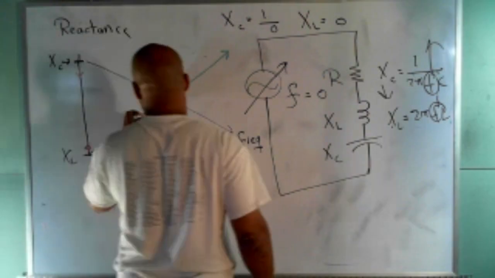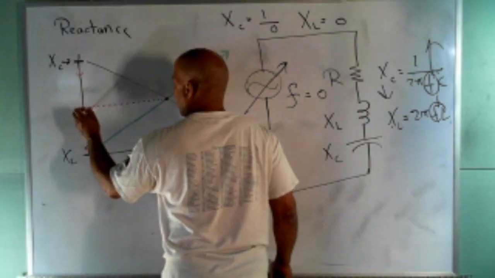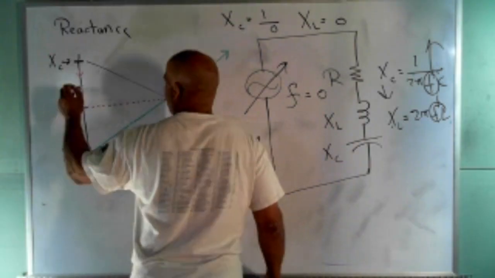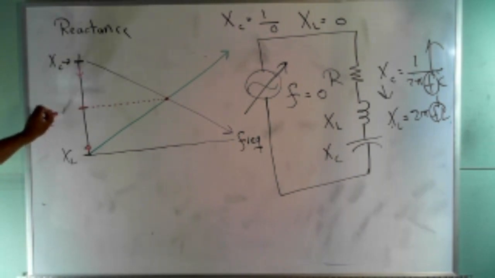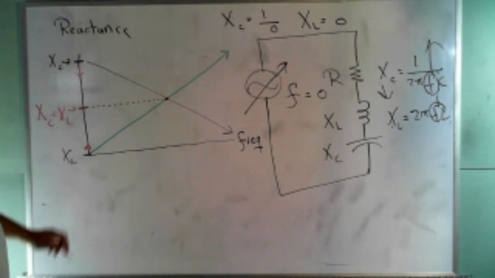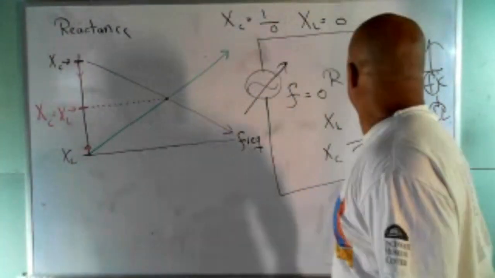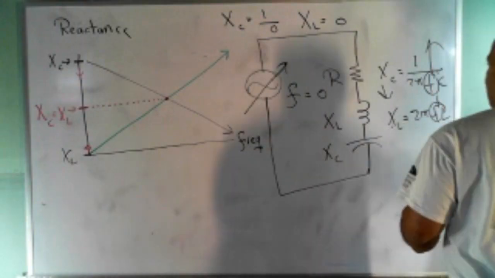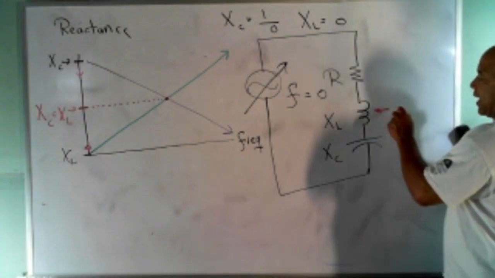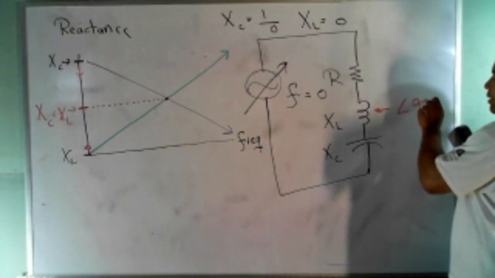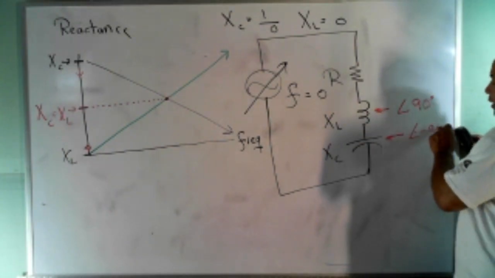Well, at some point, guess what's going to happen? At some point, they're going to be equal. XC equals XL, and that's that point right there. But remember that this has an angle of 90 degrees, and this has an angle of minus 90 degrees.